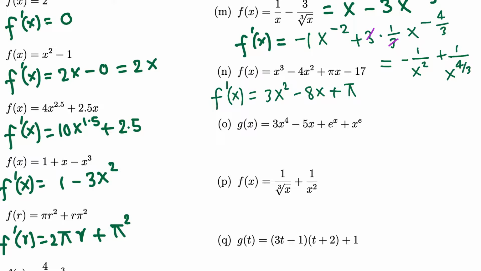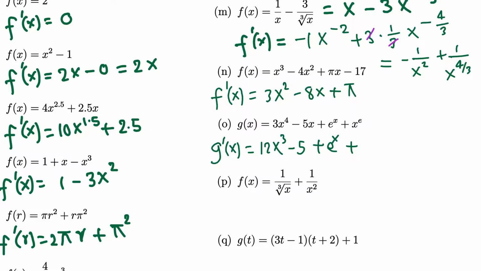Here let's do this. The derivative, from the power rule, is 4 times 3, 12x cubed, minus 5x is just 5 times 1, just 5, plus e raised to x, that's an exponential function. As we know, the derivative of e^x is itself, e^x, plus x raised to e.